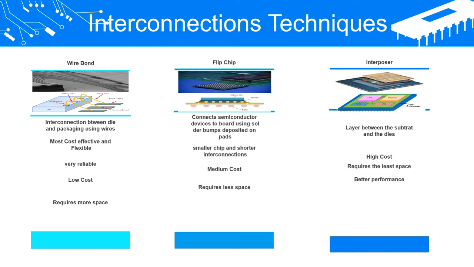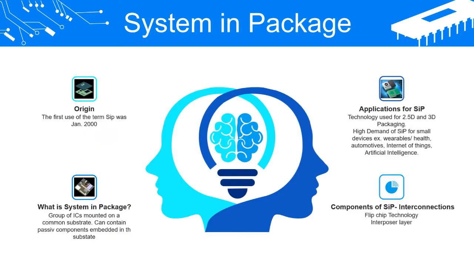So, the system in package. The term SiP was first used in January 2000. What is the system in package? A group of ICs mounted on a common substrate, which can contain passive components embedded in the substrate.